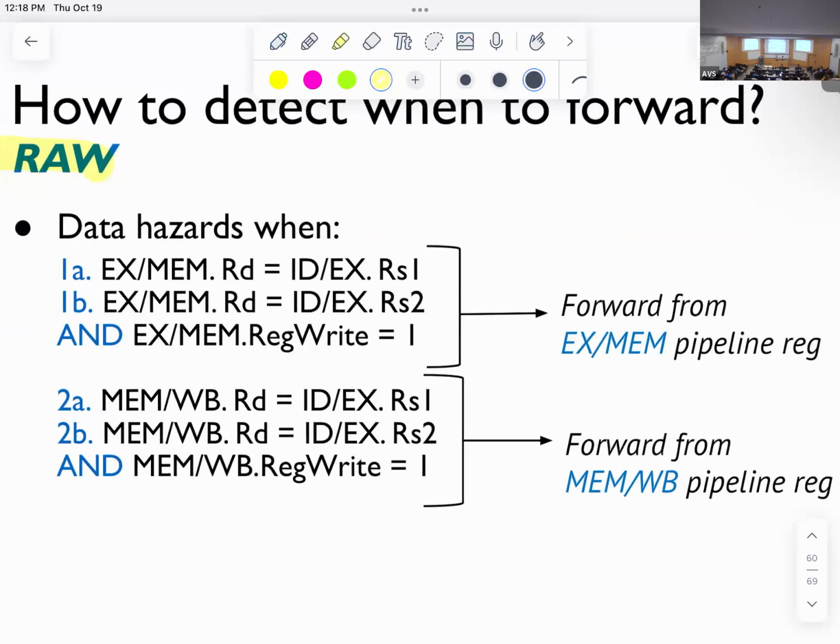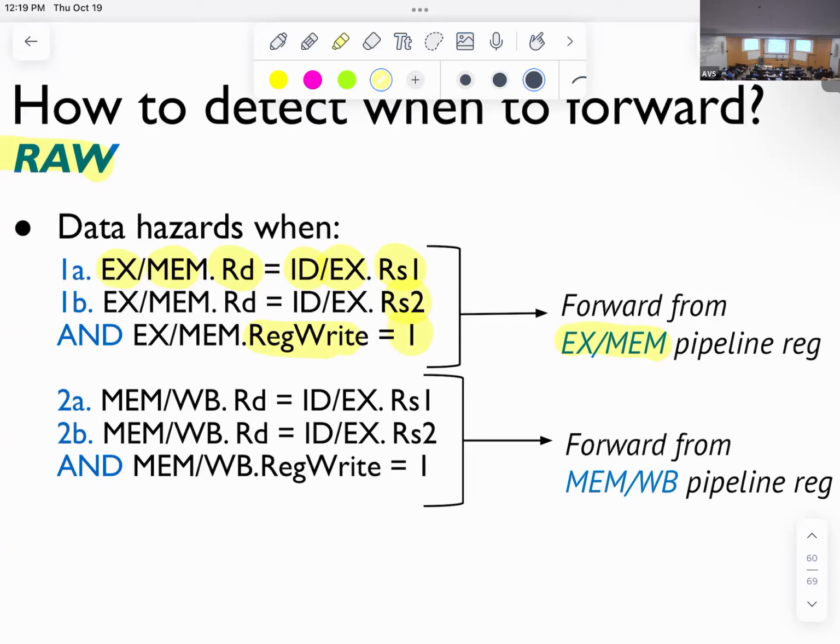If I see that the RD of the execution memory stage is equal to the RS of the IDEX stage, so the RD of my execution memory stage is equal to one of the RSs, RS1 or RS2, and this is actually an R-type or I-type instruction, in other words, the reg write is equal to 1 for that particular instruction, then I understand that I need to forward from the EXMEM register to the beginning of my ALU.